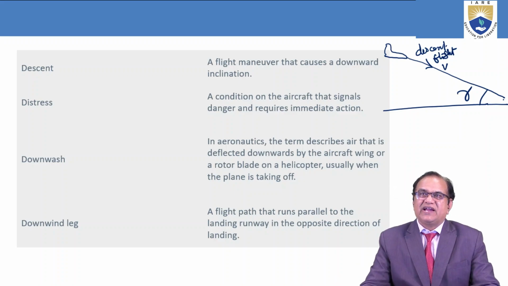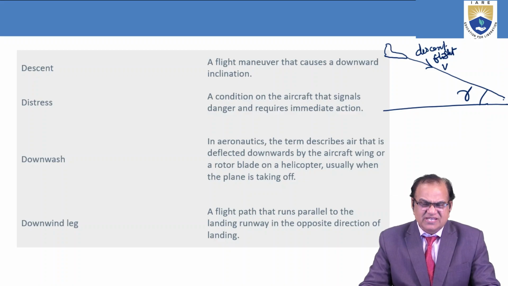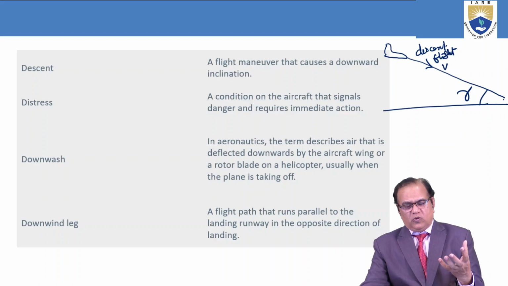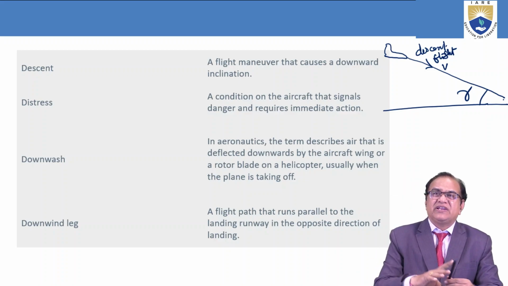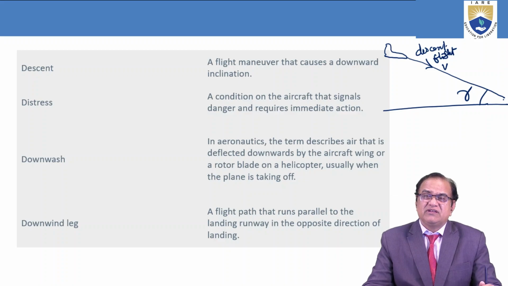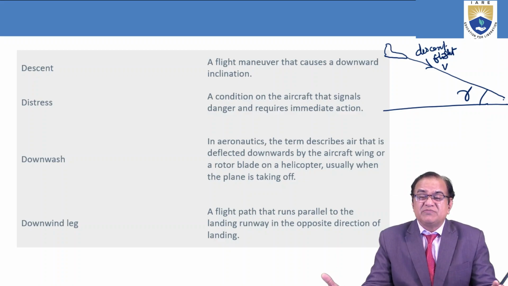Distress. A condition on the aircraft that signals danger and requires immediate action. Distress means in problem. Whenever you have some problem in the aircraft, it may create injury or damage to property. Sometimes an accident may take place and many deaths may occur.